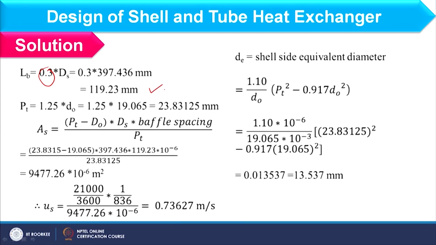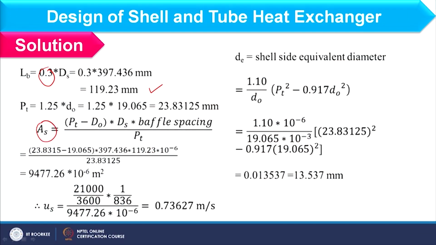Here I am considering Kern's method for heat transfer coefficient calculation in shell side as well as pressure drop in shell side. In that case, first of all, I have to find out the cross sectional area at bundle equator. That is basically the assumption of Kern's method.